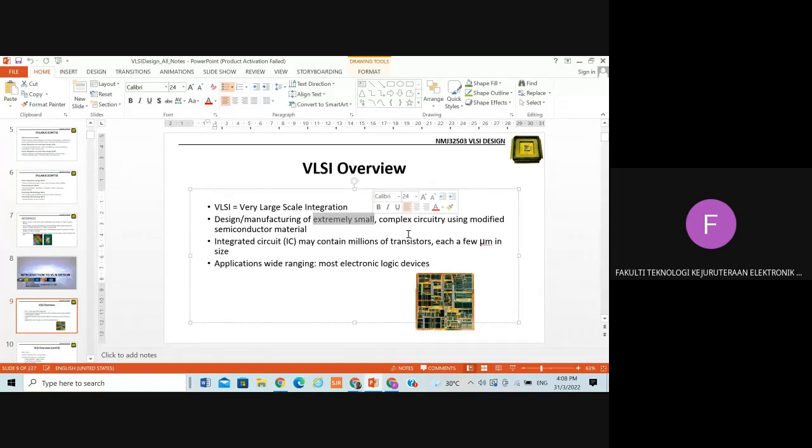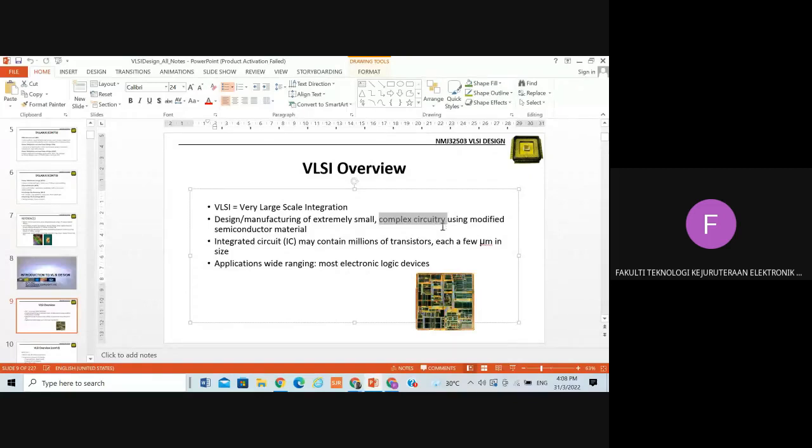That's the technology of VLSI, ULSI, and so on. Thousands, billions of transistors inside the chip to implement what? Complex functions, comprised of complex circuits.